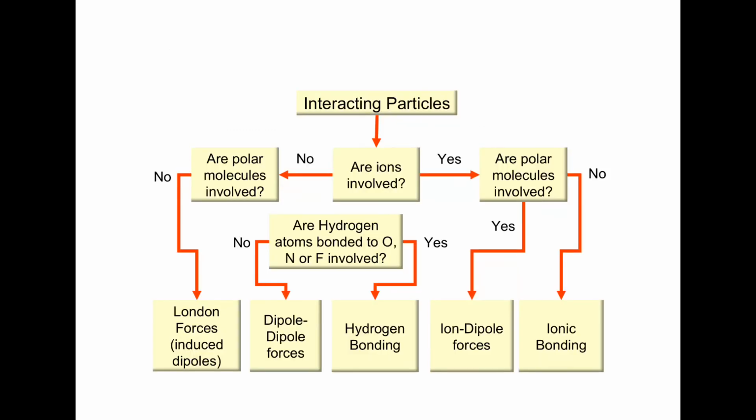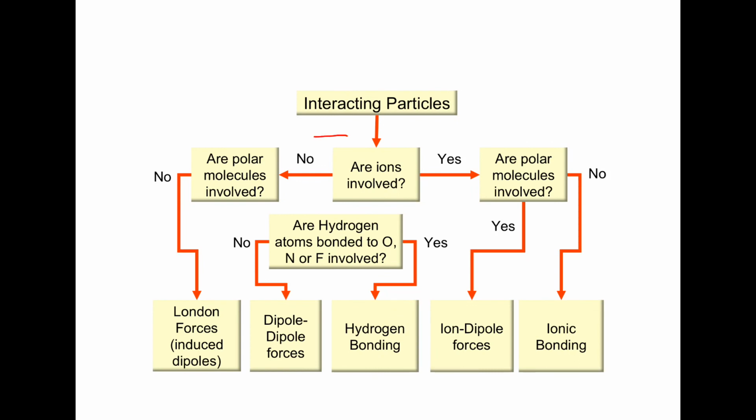Now if you're having a hard time deciding what type of intermolecular force your molecule will have, this is a flow chart to help you out with that. The first question that you would ask is if ions are involved. If they are, it could be ion dipole forces.